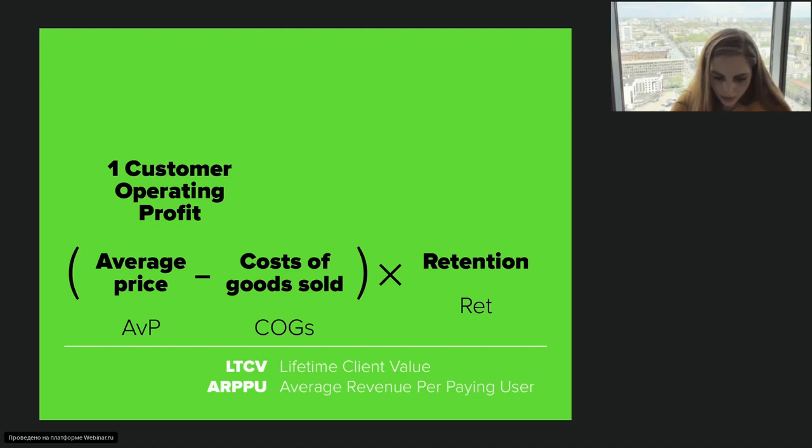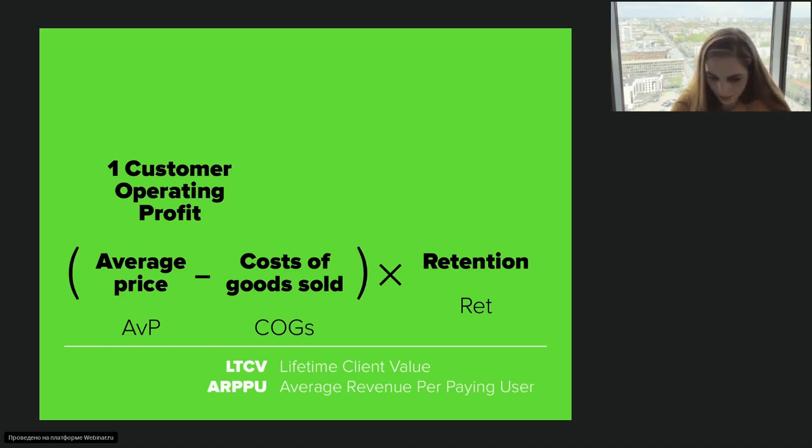When I speak of the cost of goods sold, I mean the expenses connected only with the transaction, right? So something connected with the transaction directly. The expenses connected with the acquisition of the customer are not included here, and they are placed in the second part of the formula.